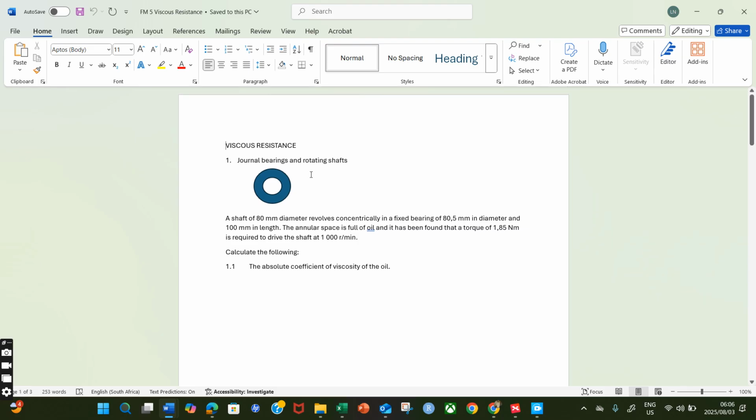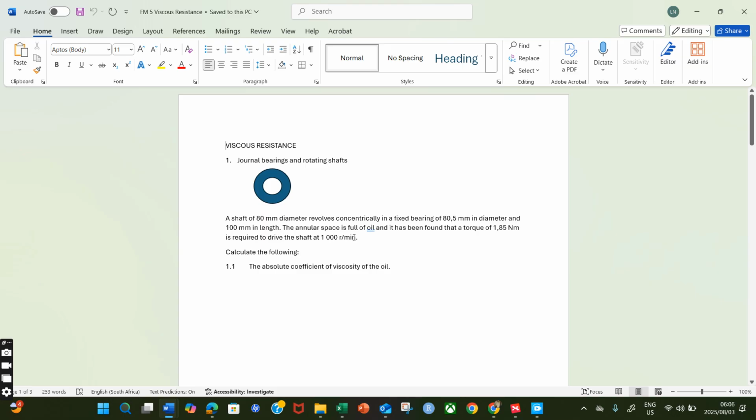That is the general bearings and rotating shafts. The question here says a shaft of 80 millimeters diameter revolves concentrically in a fixed bearing of 80.5 millimeters in diameter, and its length is 100 millimeters.